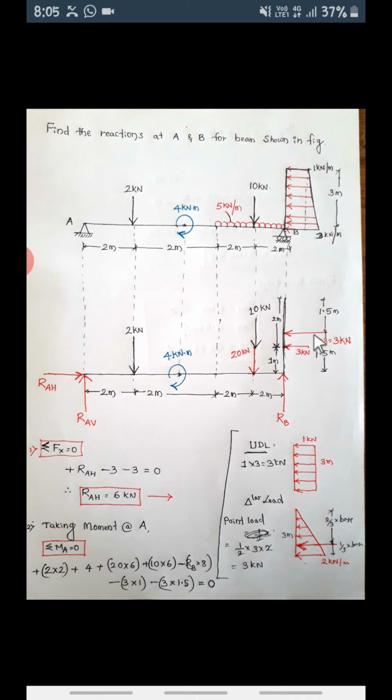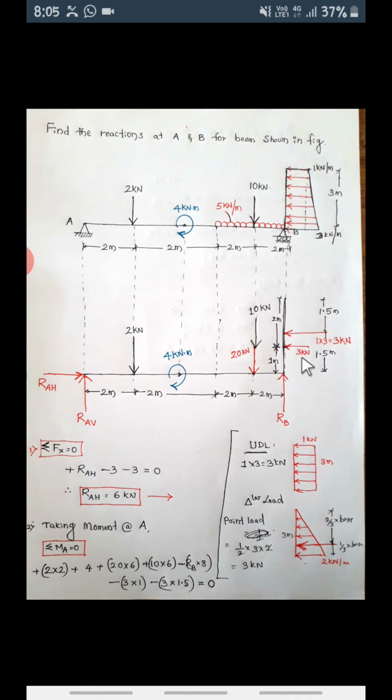Next, similarly the last force, again this is 3. Again this will produce anti-clockwise, which means minus 3 into the perpendicular distance between this force and A. If you extend this force here, the perpendicular distance between this and A is 1.5.